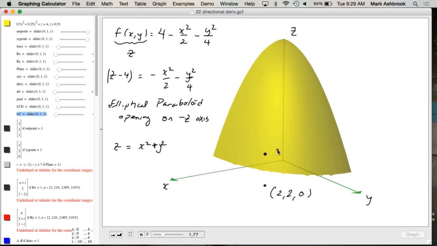Some people are saying 1. That's correct. So this is the point 2, 2, 1, or f of 2, 2. You should see that that represents the z coordinate on the surface for x is 2 and y is 2, and that is equal to 1. So that's the point 2, 2, 1.